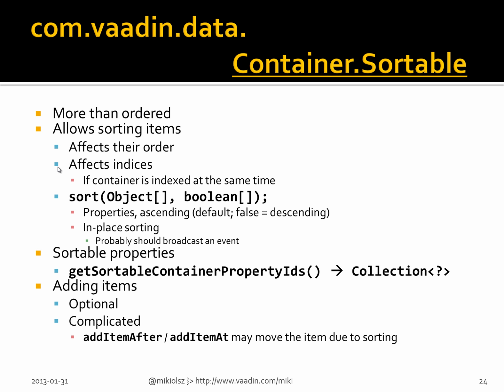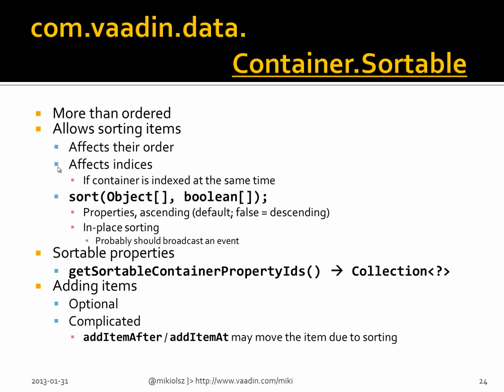The method sort returns no type, so it is explicitly stated that this is in-place sorting. So you just sort the container itself, not get a copy of the container that is sorted. The interface also specifies that not all the properties have to be sortable. So we can just return the array of those properties, or those identifiers of properties, that are sortable.